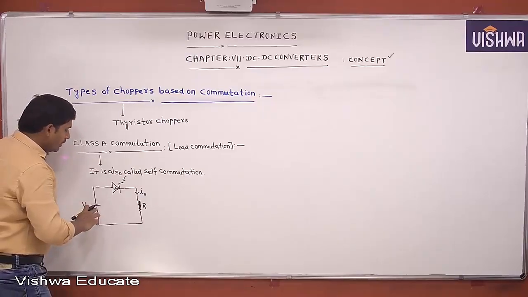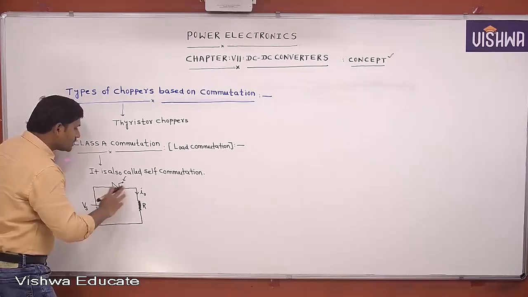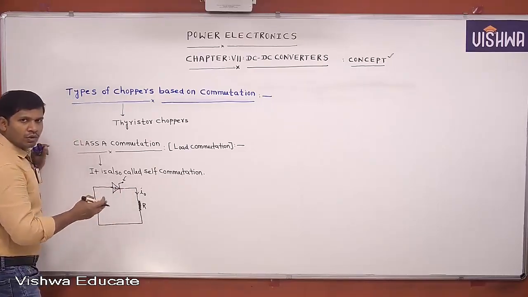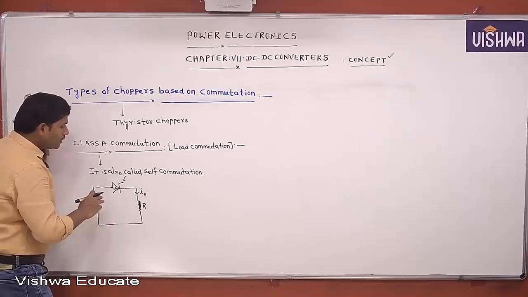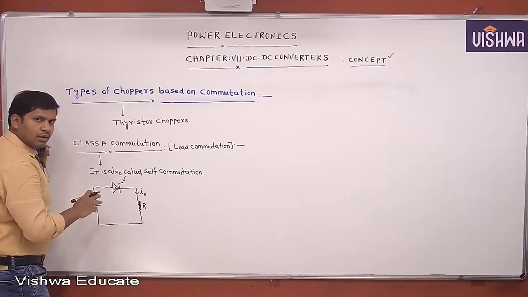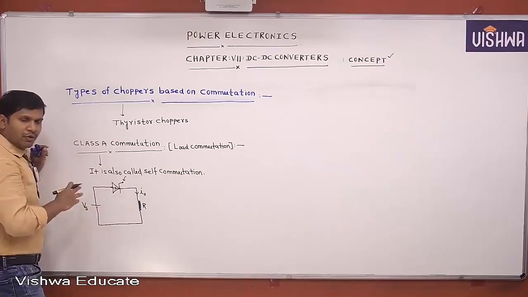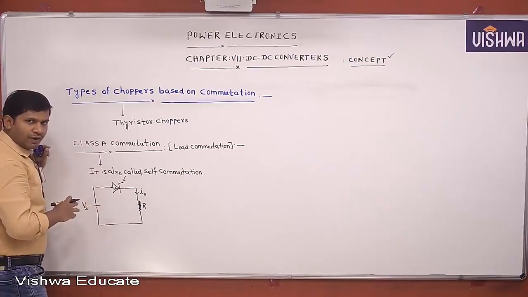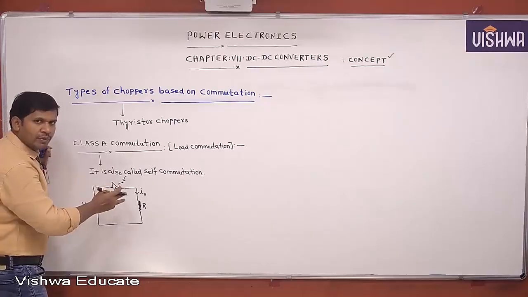Now, once it starts conduction, the purpose of using any semi-control device between source and load is to control the power. If you want to control the power from source to load, you make on and off control.